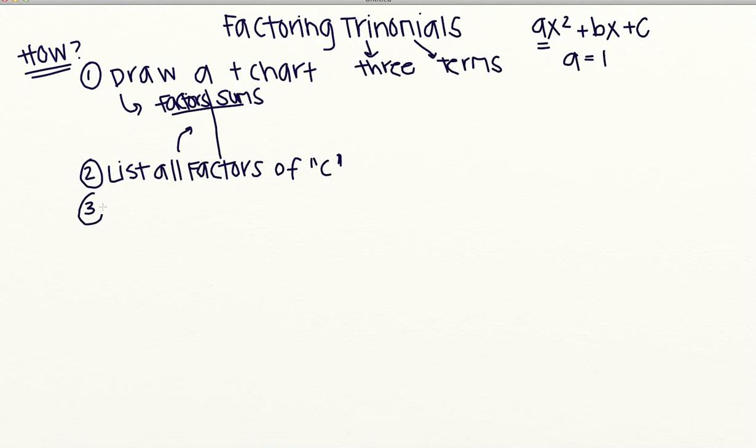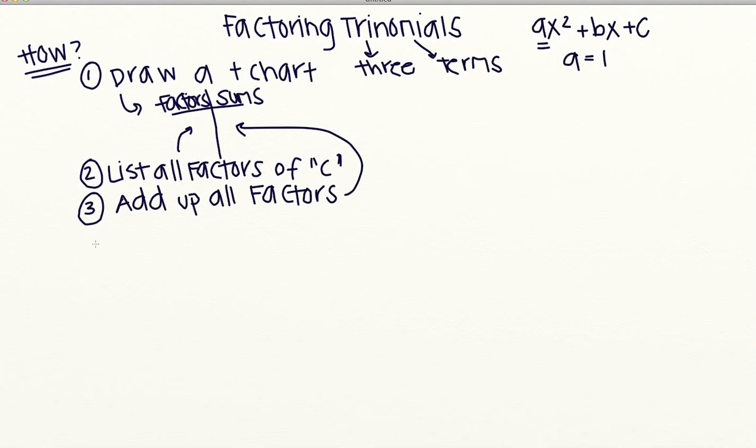Okay, step number 3, in the right column where it says sums, we're going to add up those factors. So you're going to add up all the factors, and you're going to put those sums, those totals, in that column. Okay, and remember, we're just doing it to keep ourselves organized.